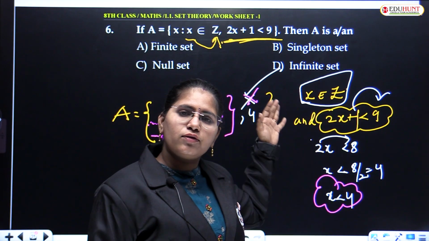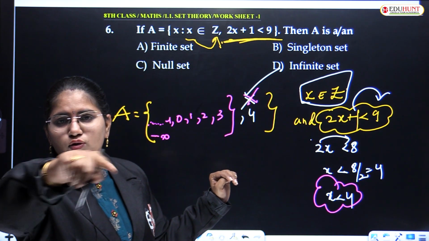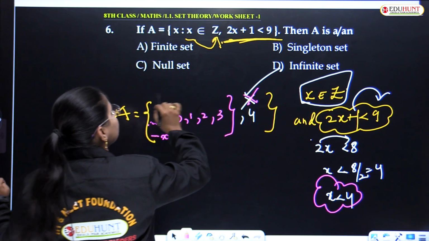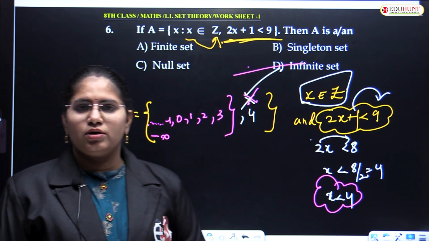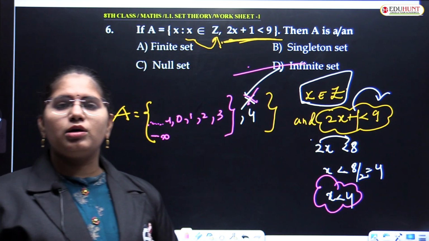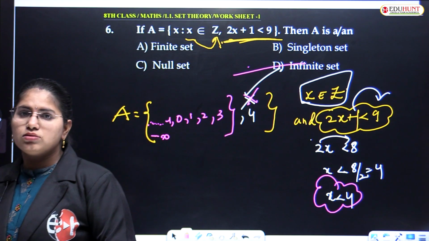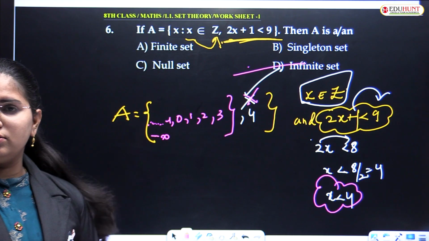So what kind of set is it? Very good, somebody told me the answer. It is an infinite set. Am I clear with this? Understood, students? Can I get to the next one?